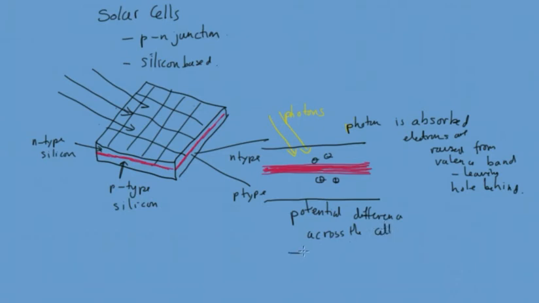So we call this the photovoltaic effect. And when we have a potential difference, this leads to a current.